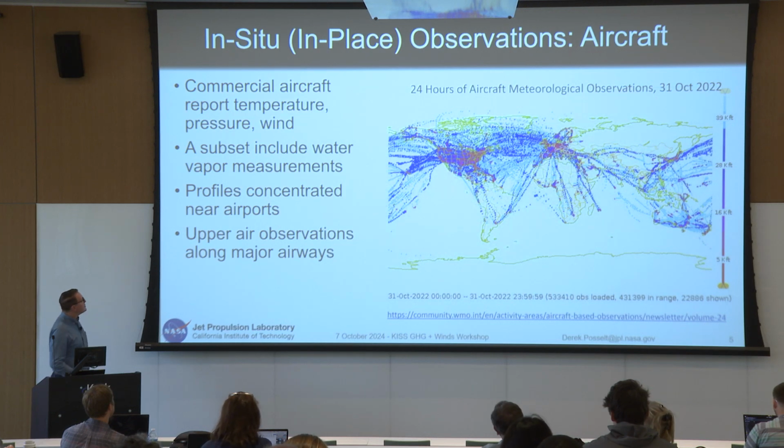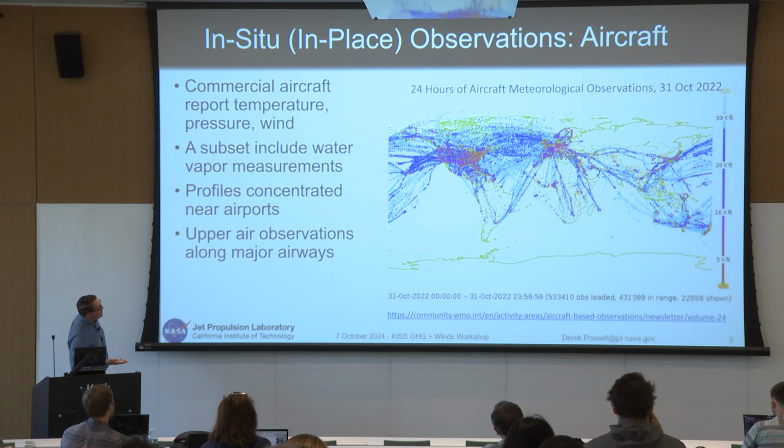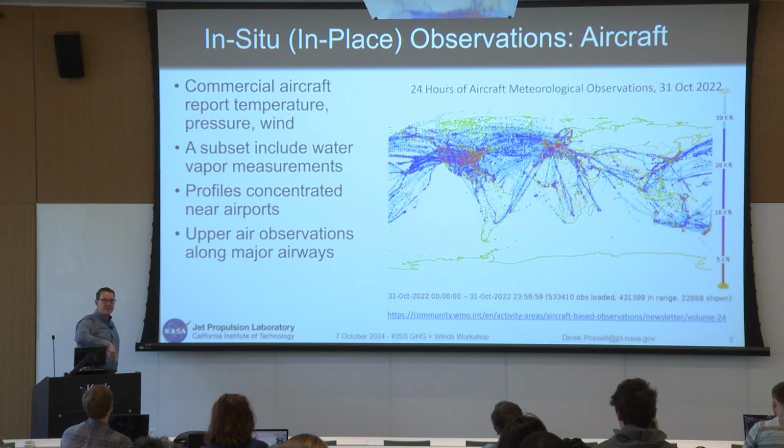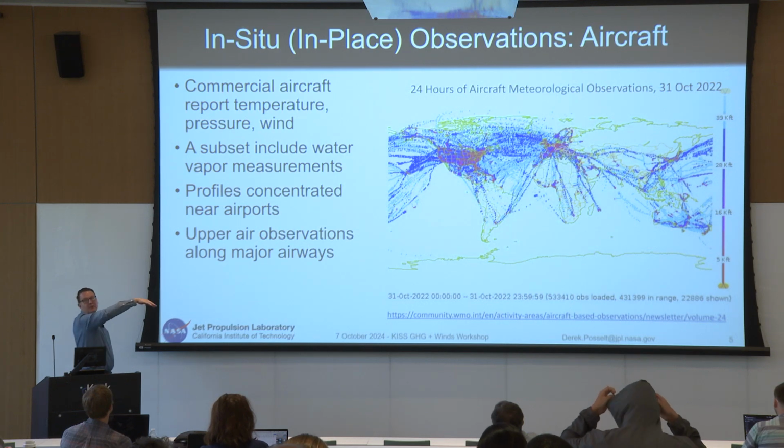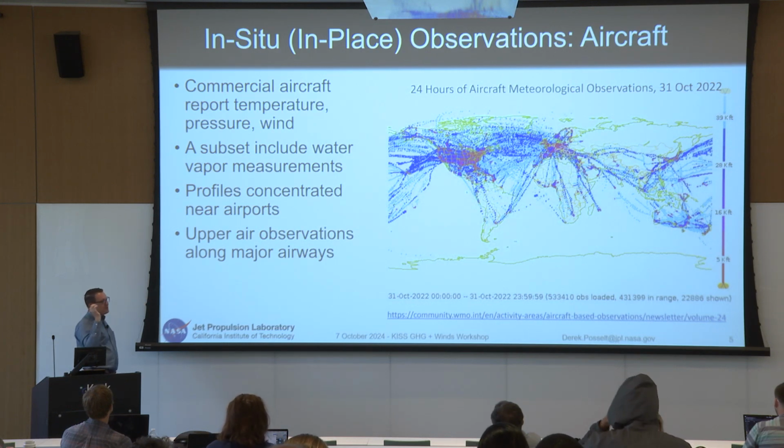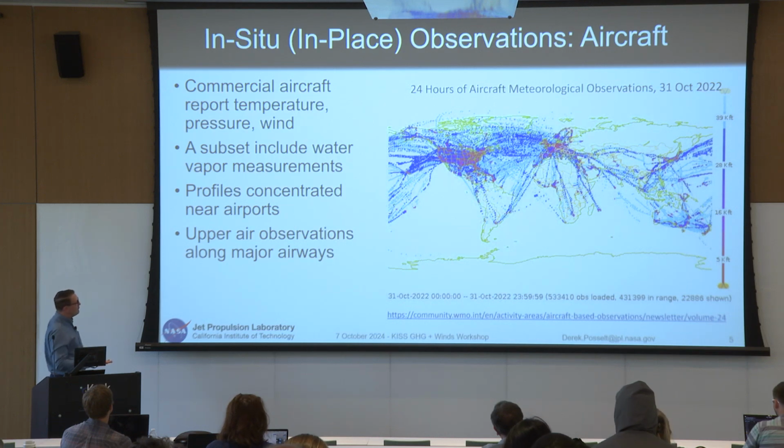So in this case, you can see we get more information over the ocean, but the vertical profiling is concentrated near airports, right? So you get a vertical profile, kind of like a weather balloon observation, but it's as the aircraft ascends. And then you get quite a lot of information at flight level, about 10 kilometers up or so. So a lot of information at that level globally, and this happens routinely.